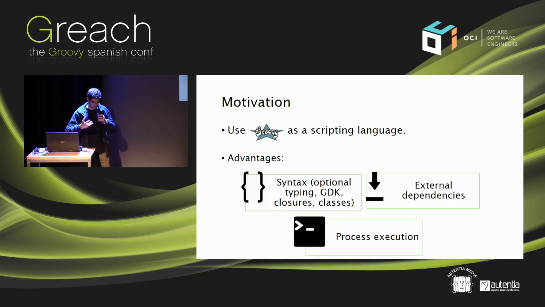Groovy allows you to download external dependencies and use those libraries to execute tasks in your code, and also, as with other scripting languages, it allows you to execute processes of the operating system. So that's it. Groovy fulfills the three features that I explained earlier, so we can use it as a scripting language.